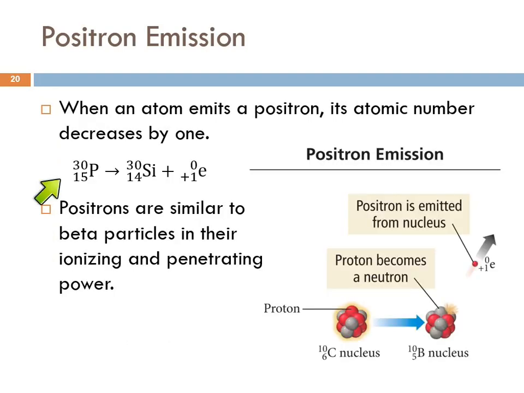So phosphorus-30 undergoes positron emission and turns into silicon-30 with the emission of a positron. A beta particle was an electron, right? A positron is going to have similar ionizing and penetrating powers to beta particles, because it's the same mass.